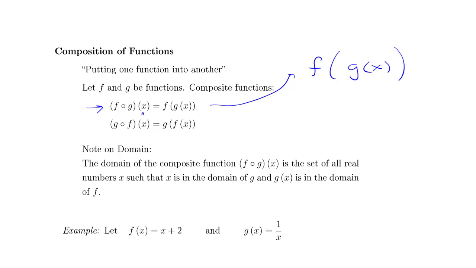what happens is I take some x value and I put it in and I evaluate g of x. So now I have a new number. I have what g of x is for some x, and that's what's going into f.